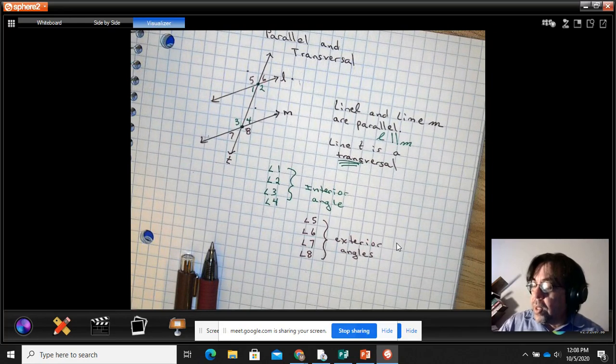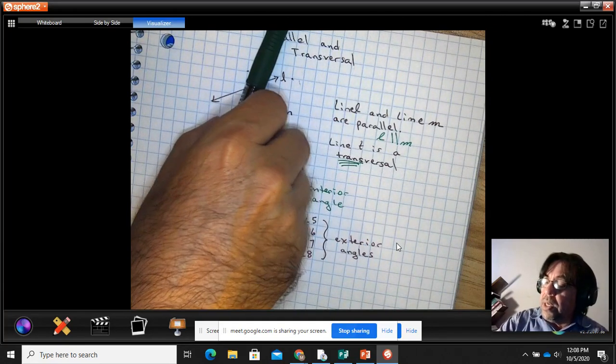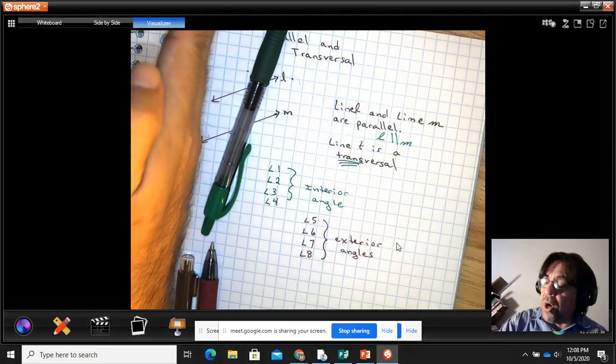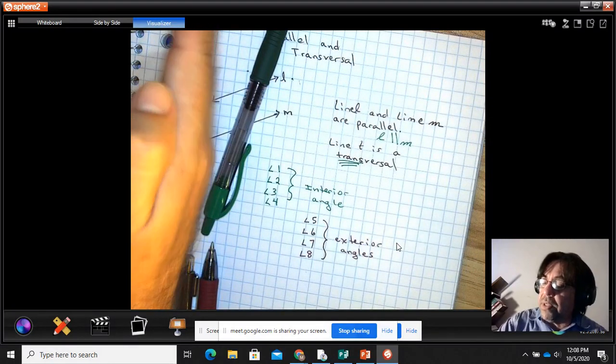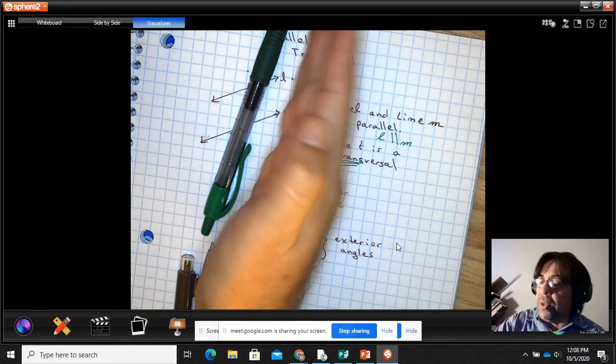Now, let's concentrate on the transversal. See this transversal right here, T, divides numbers on the left and numbers on the right.